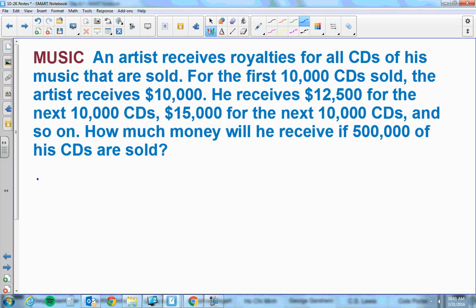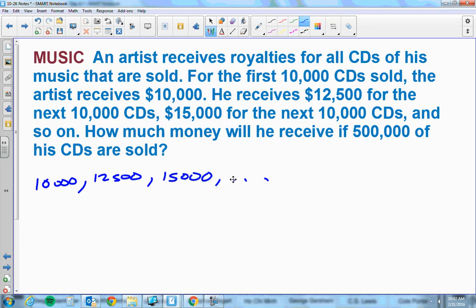Look, I'm going to write down the money. So it's $10,000 first, and then $12,500 for the next $10,000, and then $15,000 for the next $10,000, and so forth. So that's our sequence. And so, like I said, this is how much they get for the first 10,000, second 10,000, third 10,000. If you want to find out how much money they made for the first 30,000, that'd be the sum of those three, wouldn't it?